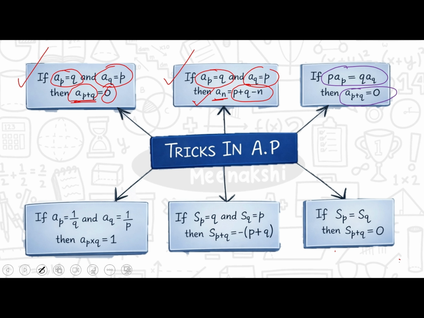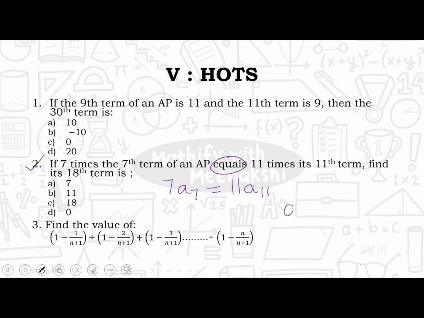So let's use this trick here. You can simply say that your 7 plus 11th term is always 0. That means your 18th term is 0. This is the method using the trick. If they ask which term is 0, you can say 18th.